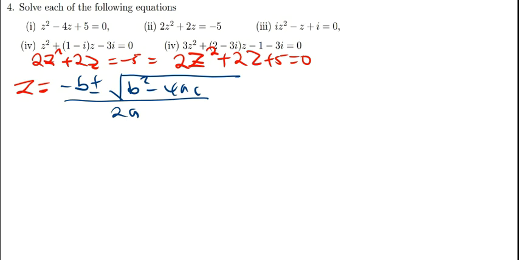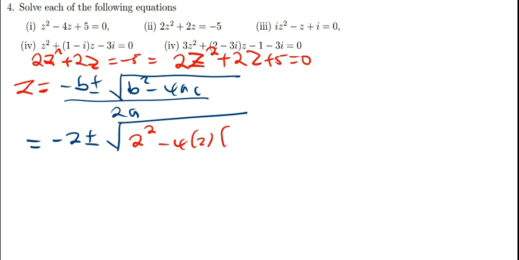In this case, our b from our question here is 2. So it will be -2 plus or minus the square root of b is 2. So I'll put 2, I square it, minus 4, a is also 2, then c is 5, like that. I divide this by 4. 2 times 2, which is 4.